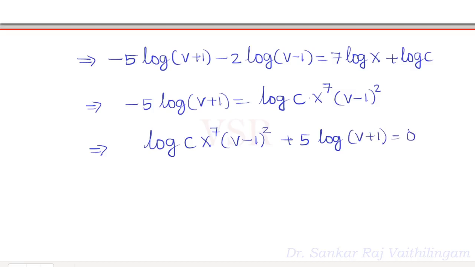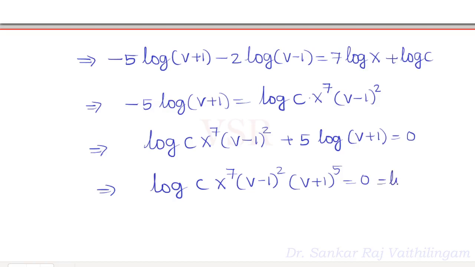Okay, அப்போ this implies that log of c x to the power 7 v minus 1 the whole square into v plus 1 the whole power 5 which is equal to 0. 0 நான் எப்படி எழுதிக்கலாம், log 1 கூட எழுதிக்கலாம். So this is equal to log 1.